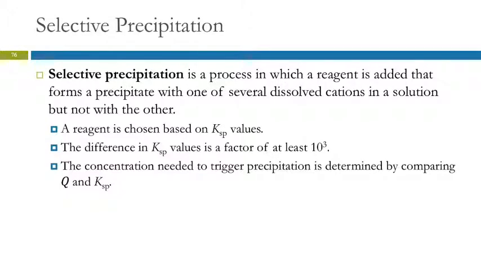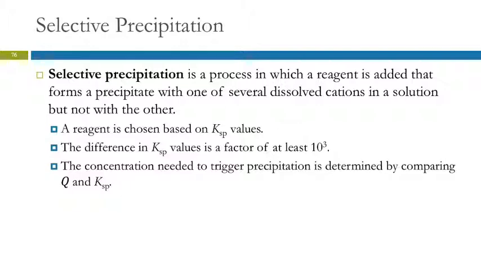So selective precipitation is when we add a reagent that will form a precipitate with one of the ions, but not the others. So selectively precipitating out one kind of ion. And this idea is the basis of the qualitative scheme, sometimes called a qual scheme, where we take these unknown solutions of cations and we try to figure out what's in there. We do that with selective precipitation.